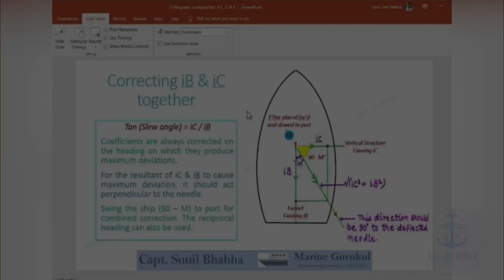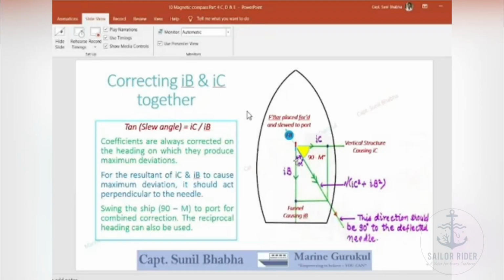For correction, the coefficients are corrected on that heading where they generate maximum deviation. अभी हमारा शिप नॉर्थ हेडिंग पे है. आप फ्लिंडर बार को यहाँ फिट तो कर सकते हो, खाली केसिंग को फिट कर रहे हो आप, लेकिन उसमें जो सॉफ्ट आयरन डालोगे वो तब डालोगे जब आपका रिजल्टेंट नॉर्थ साउथ डायरेक्शन के परपेंडिकुलर एक्ट करेगा. दैट मीन्स व्हेन द रिजल्टेंट इज ईस्ट और वेस्ट ऑफ द कंपास और बिनेकल. Okay, sir. In which direction the maximum deviation occurs, in that direction we will put the soft iron in the flinder bar. Yes, that is correct.